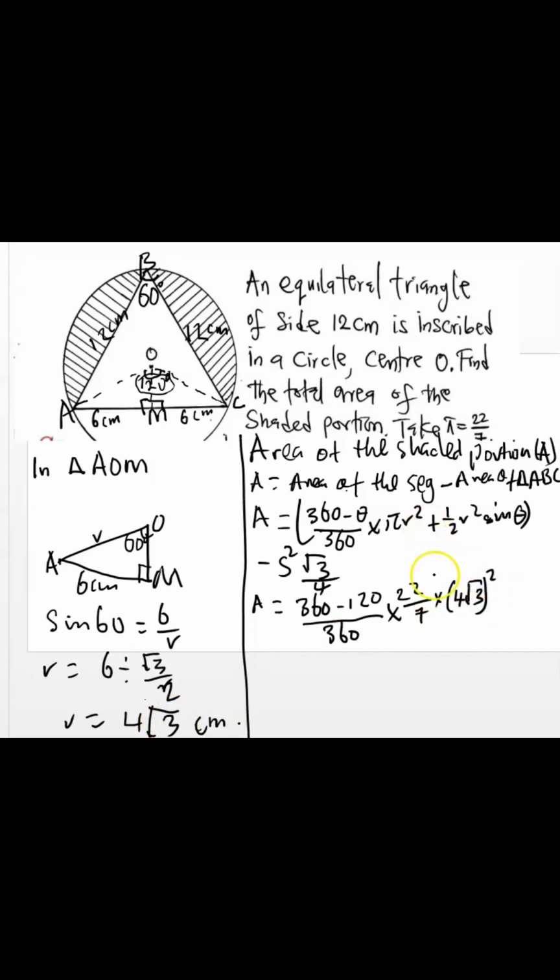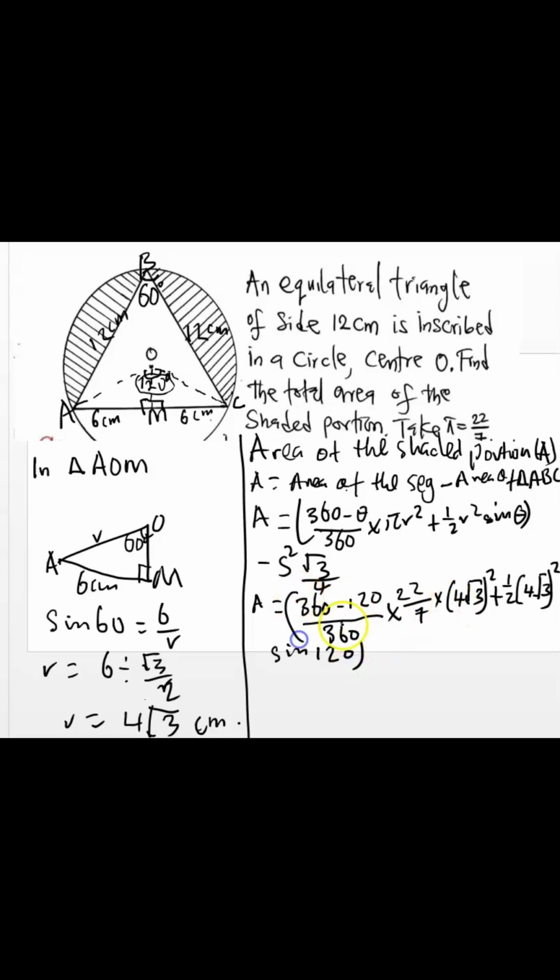Now we have sine, then plus a half. We have plus a half r squared, so it is a half of 4 root 3, squared, sine of that angle. It is sine 120 degrees. So close this up now.